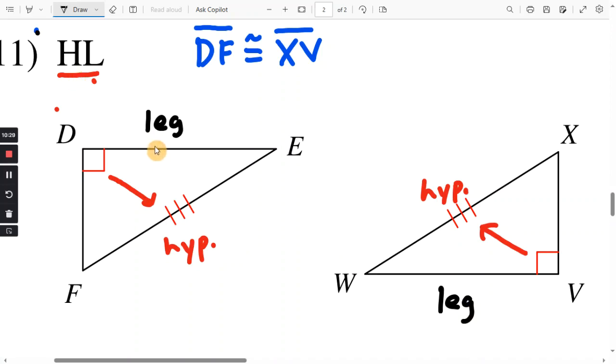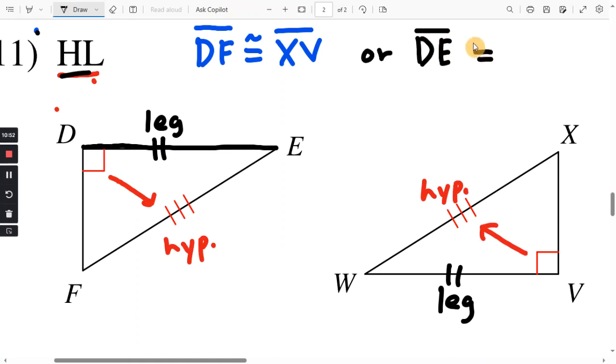If this leg matched this leg, we would again have hypotenuse leg, and that's what we wanted. So this is a potential answer, or we could also say this leg, which is DE, is congruent to this leg here, which is WV. So there's actually two answers for number 11.